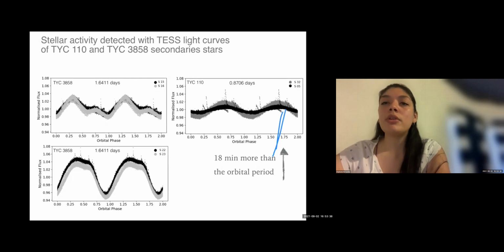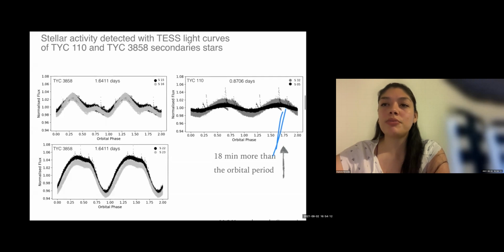These two systems were confirmed to be tidally locked, but we observed a slight difference between the orbital period and the photometric signal of Tycho 110, of 18 minutes. We explained this with differential rotation on the surface of the star.